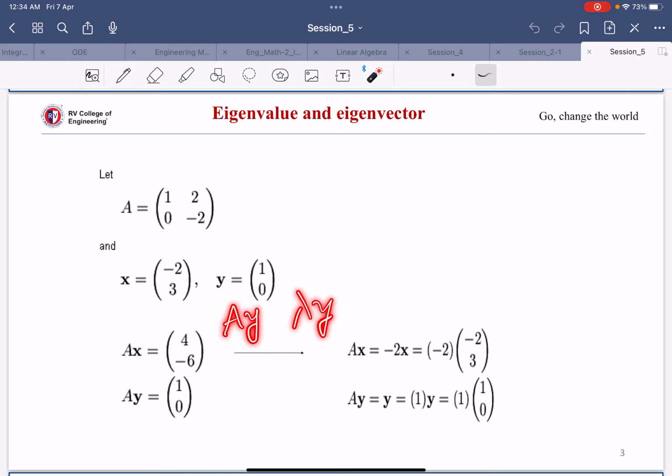So Ay has given me lambda times y. So there may be elongation of the vector or shrinking of the vector depending upon the value of lambda.